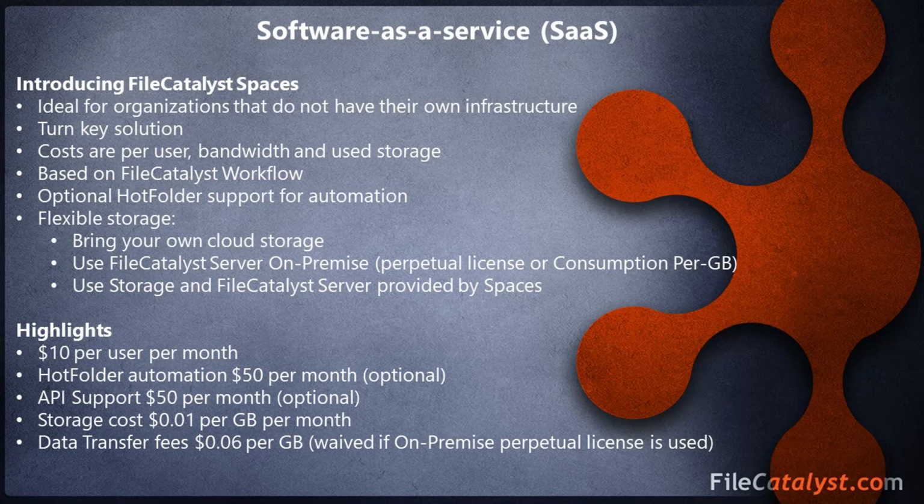You can add API integration, and then you pay a penny per gig per month for storage, and 6 cents per gig transferred. Of course, if you're connecting to your own existing on-premise perpetual license, then this fee is waived because you're already on that license. This is probably going to be coming out in December this year as software as a service, and it's going to be called FileCatalyst Spaces.